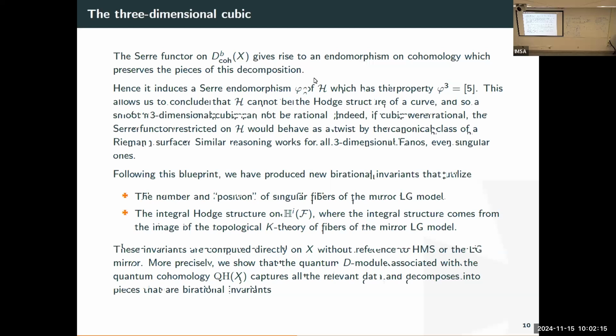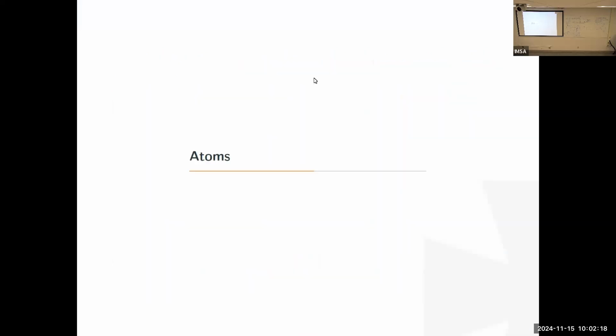Now we need to give a name to these elementary pieces of the splitting, and we'll call them atoms. I was very much against this name, but obviously it's not me who decides.